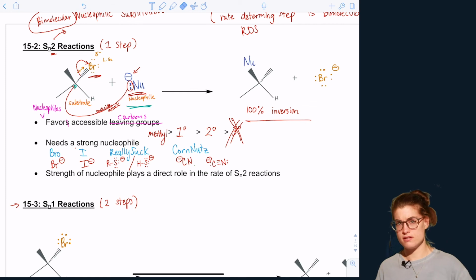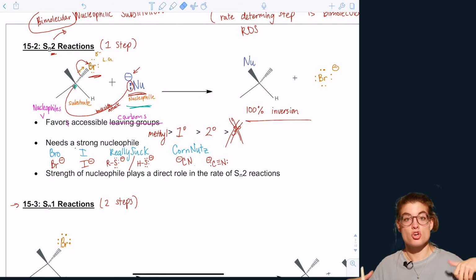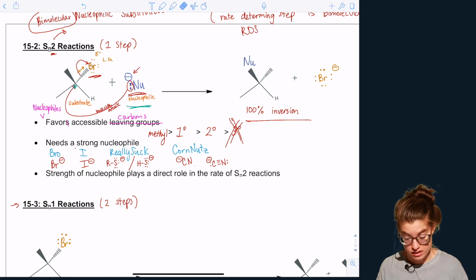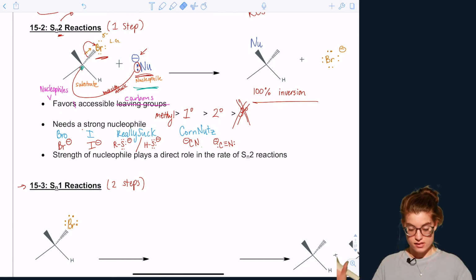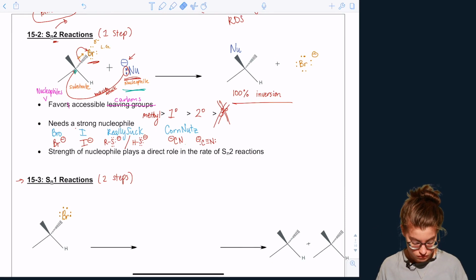Now, these are from my professor. If you have more strong nucleophiles, you do want to pay attention if you're in an organic chemistry lecture to specific nucleophiles that maybe your professor adds on to this list, okay? Because this list is not exhaustive, right? These are the main ones, though, from my experience.